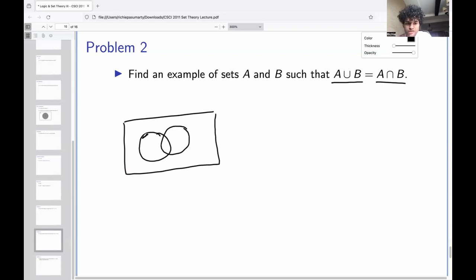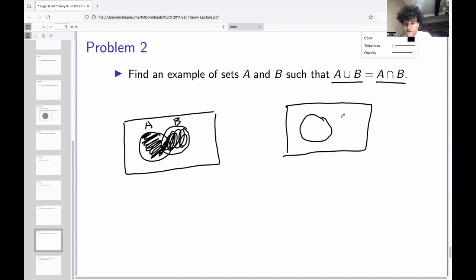The union of two sets looks like this. The intersection of two sets is the part that's shared in common between these two. So it looks like this.